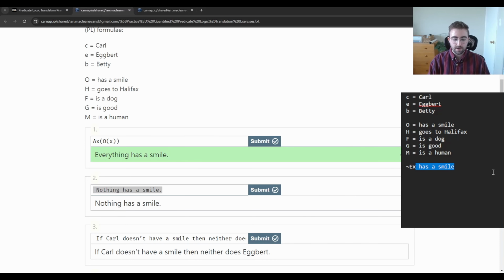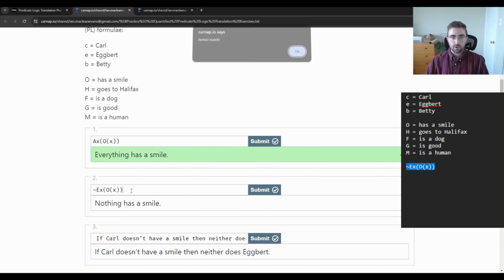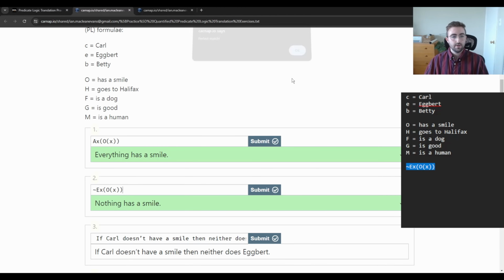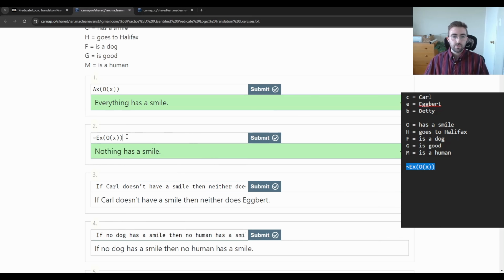So we're going to say no, there is nothing that has a smile, right? So let's copy that. Let's put it in here. And let's check our answer. And there we go. It's a perfect match. Okay. So great. So those are like basic ones. You can see we just have a predicate here.